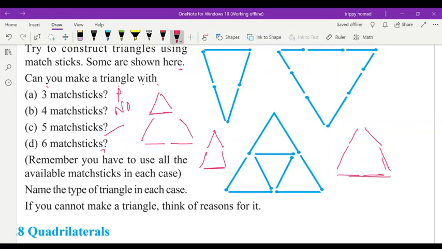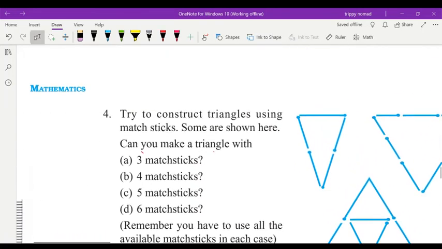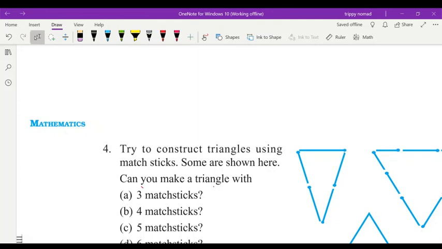I hope you understood. You can do this sum in activity and it can be asked in exams also. We will discuss a few sums also, if I get the time to discuss some important sums, then I will discuss with you. Otherwise you prepare all the exercises for exams, for the unit test also.